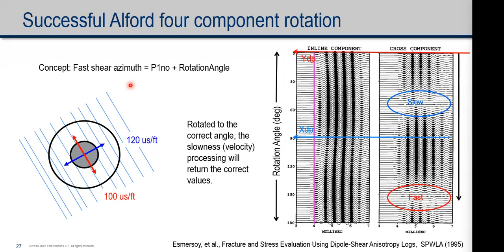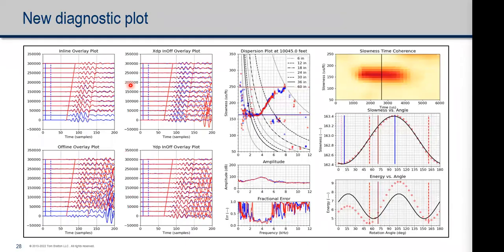dominating the anisotropy. So I had to make a new diagnostic plot because I would see data that was inconsistent with what I would see in an image versus what we knew about the geology. So in this plot, I take the two dipoles. The X dipole is in blue, the Y dipole is in red.